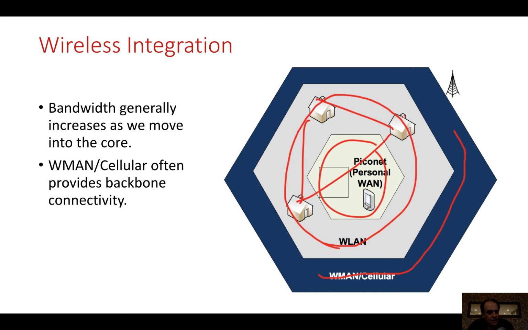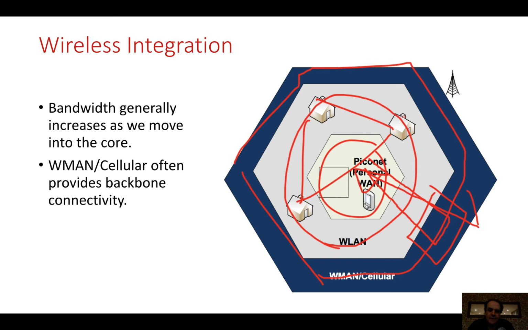And then our cellular type technology, our mobile phone type network, 3G, 4G, can provide the backbone. With this, we can move through the different regions, still stay connected, and we can move back in. So the back end here is providing us with the always-on type technology, but it's probably lower bandwidth. As we move in, then we get higher bandwidth.